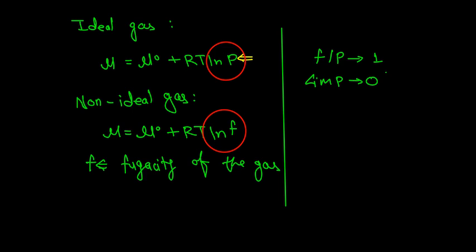As P tends to 0, f/P tends to 1, or the fugacity actually becomes equal to the pressure. But the question is that I must know fugacity in order to use this framework, and for that let me quickly tell you how to determine fugacity.